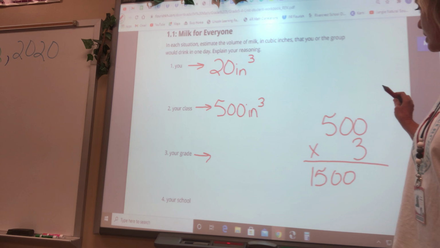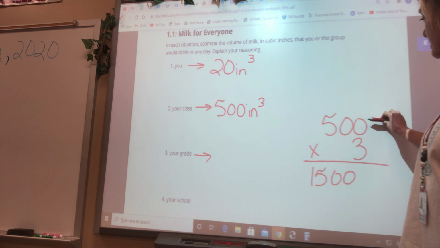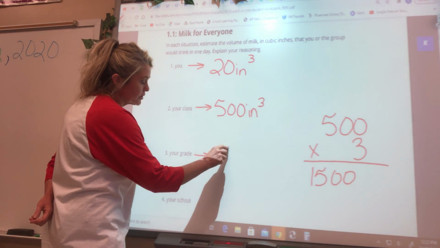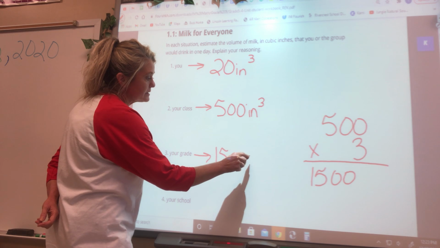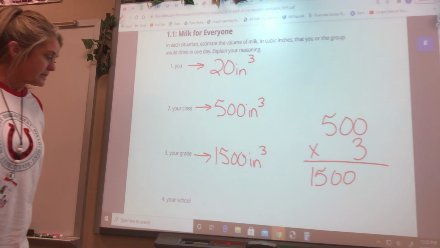So if there's 500 3 times, then that grade could drink about, or an estimated, 1,500 cubic inches in a day.